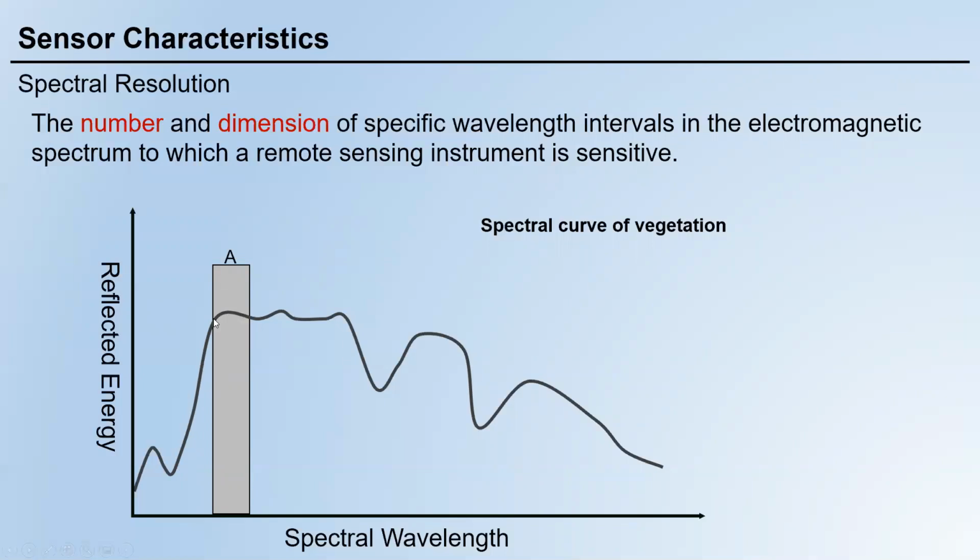It dropped a little bit, but stable. And A is covering this whole range, including this change, this turn here. For each band, there is only one reading, which means that within band A, you have only one reading. You cannot tell the difference before the turn and after the turn of this curve.